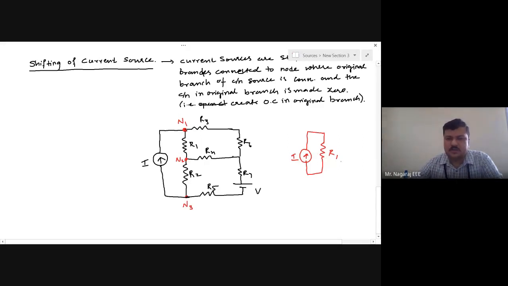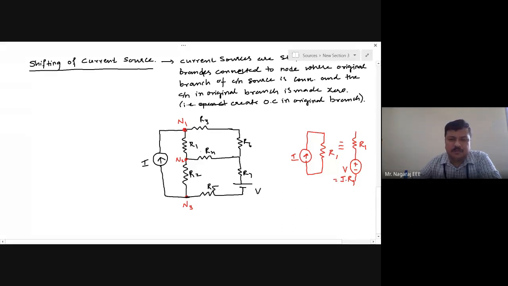Simple, I would replace it with a voltage source branch V equal to I into R1, in series with R1. I would have done this very easily. But the problem is that the source I is not only in parallel to R1 and not only in parallel to R2.